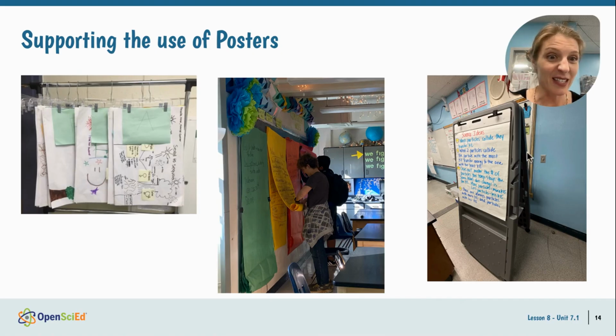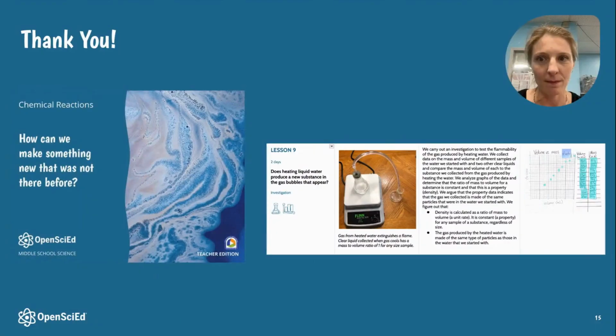A third idea, which I also use in my classroom, is an easel that looks like this, and I just flip the papers over as I move through the period. There are so many more ideas. Look at the Facebook group to find more, or ask for help there, because people have lots of ideas about how to support all these posters that we're having to create.